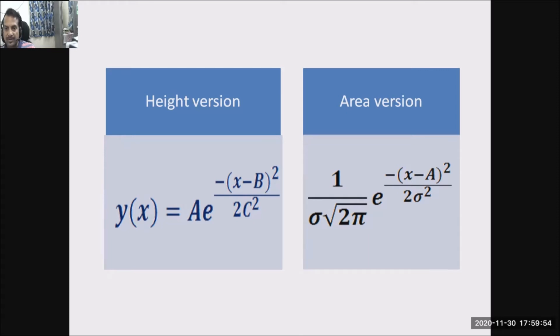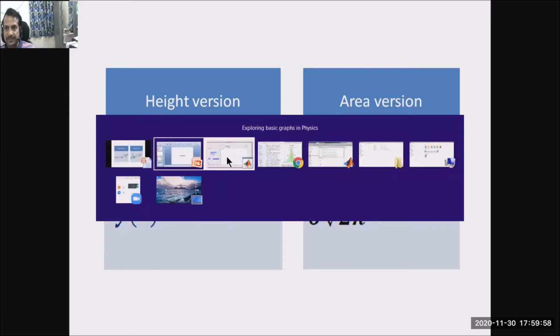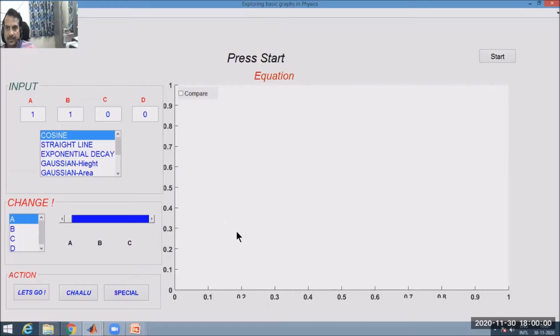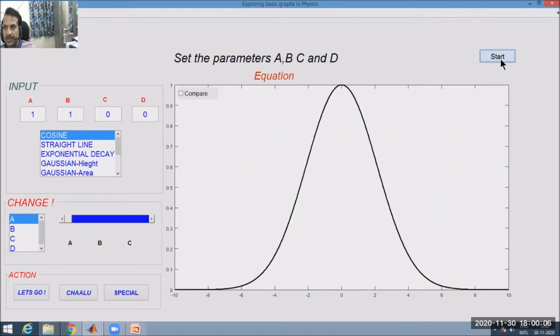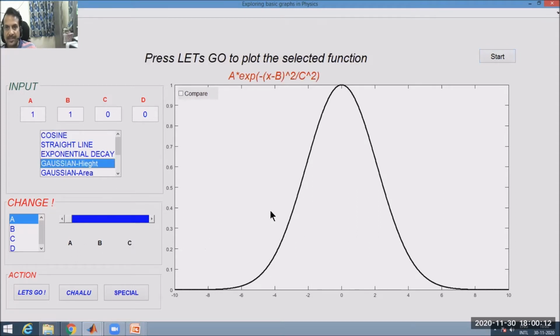Now let us look into the visualization part. This is our usual window for exploring the basic graphs in physics. First, there are two things, Gaussian height and area. First, let us look into Gaussian height.